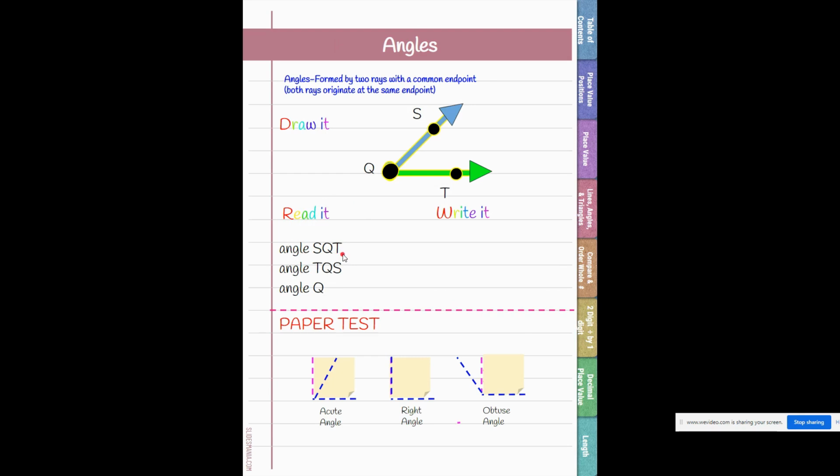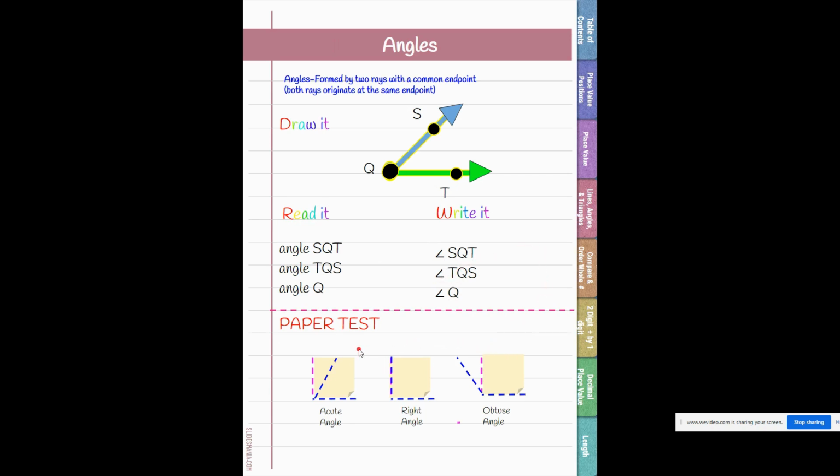We can also name it or read it as angle TQS or angle Q. When writing it, we put the angle symbol. Whether it is a right, acute, or obtuse angle, we would still use this symbol.